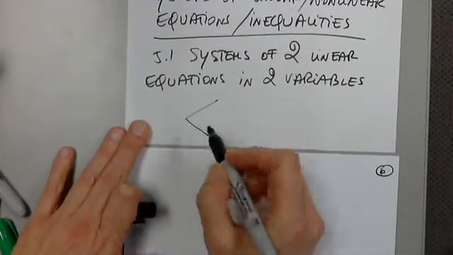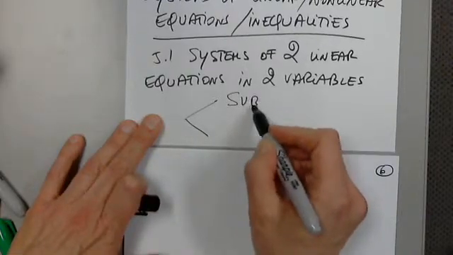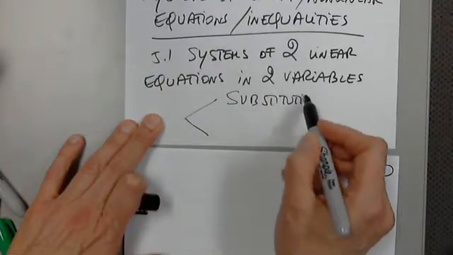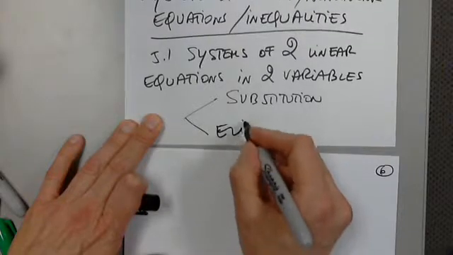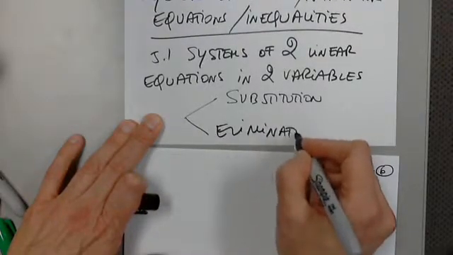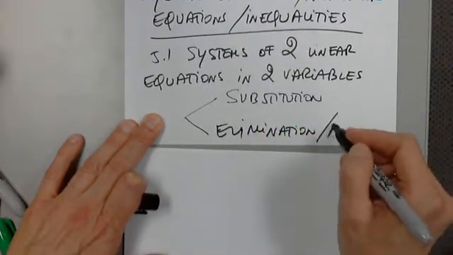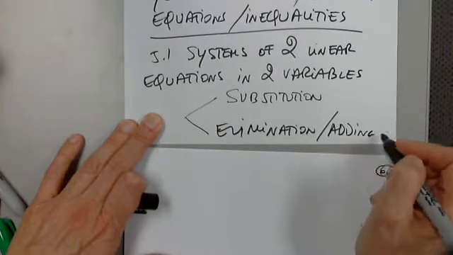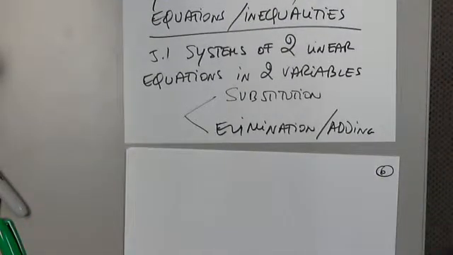The two methods we are going to look at are substitution and elimination, also called the adding method. Whatever you want to call it, it's not important. So let's start by looking at a couple of examples with substitution.